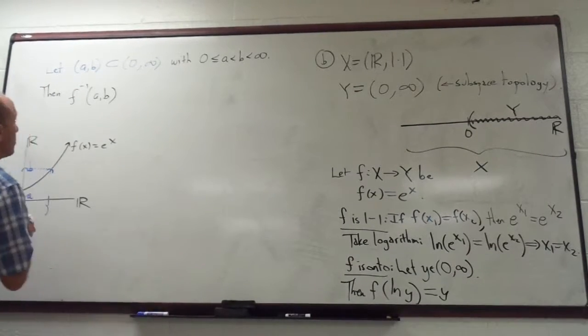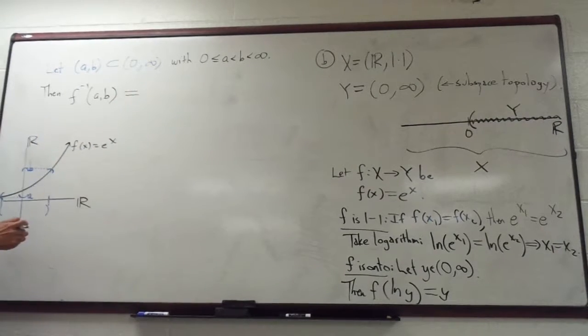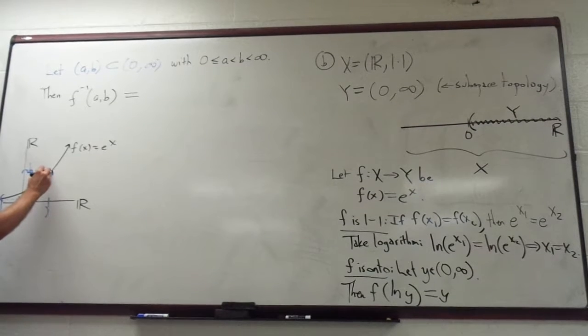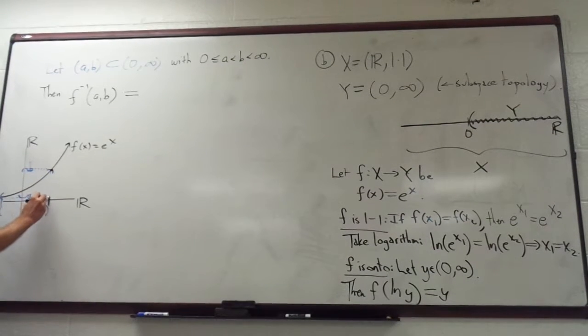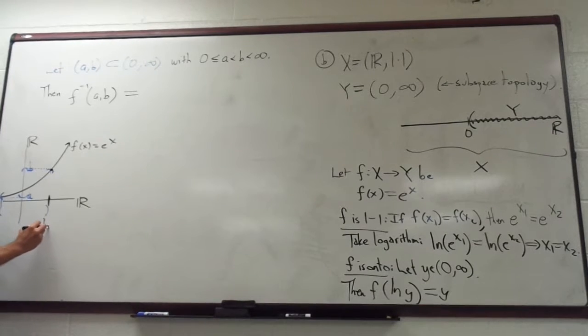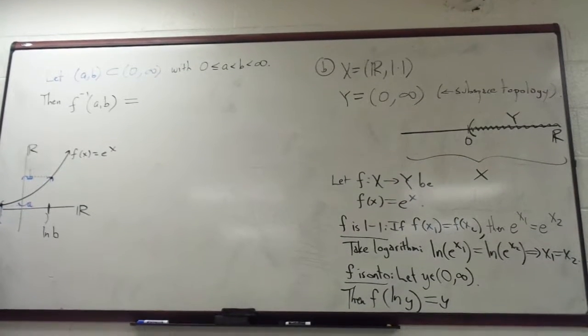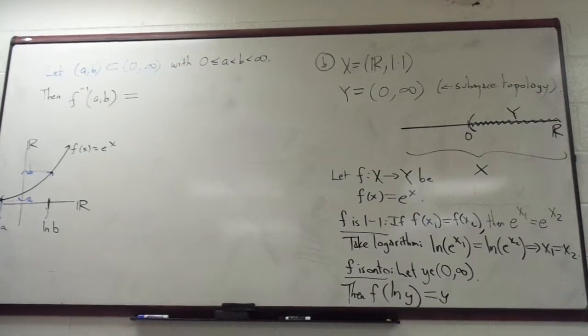And in fact, we should be able to say what this is equal to. If this is b as a y value, then what's this x value? Natural log of b, exactly. And if this is a y value of a, then what's the corresponding x value? The ln of a, exactly.